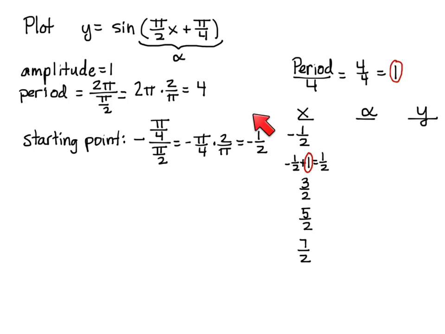So we can do that. So if we say -1/2 times pi over 2 will be -1/4, or negative pi over 4, plus pi over 4 gives us an alpha of 0. If I take my 1/2 and multiply that by pi over 2, I get pi over 4, so pi over 4 plus pi over 4 is going to be pi over 2.